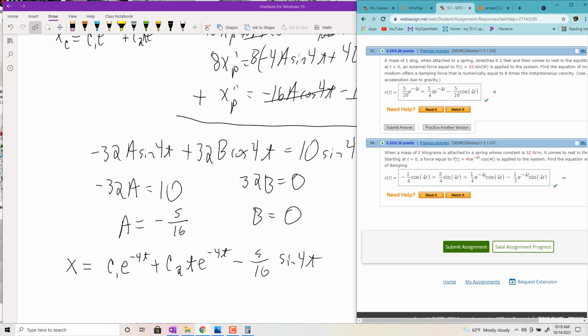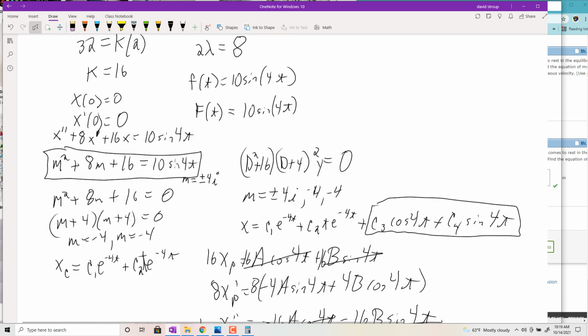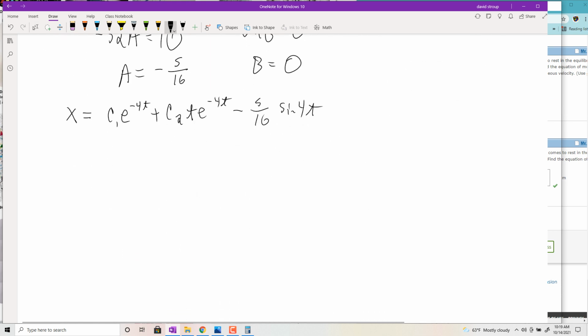I still need to get the constants C1 and C2 from the initial conditions. So I'll remind myself: x of 0 is 0, x prime of 0 is 0. Plugging in the first initial condition, I get 0 equals C1 e to the 0, which is C1 times 1, plus C2 times 0 times e to the 0, which is just 0, minus 5/16 sine of 0, which is also 0.